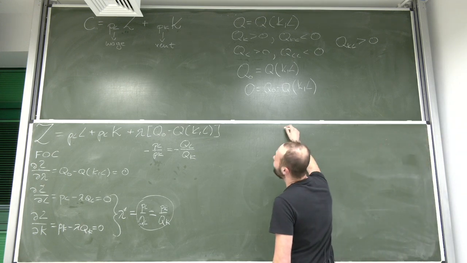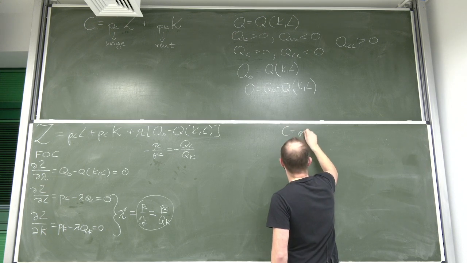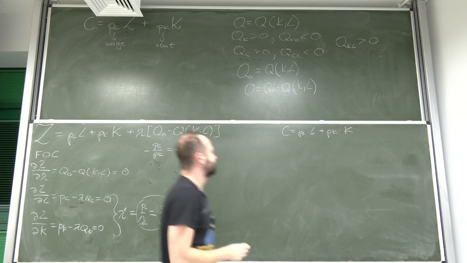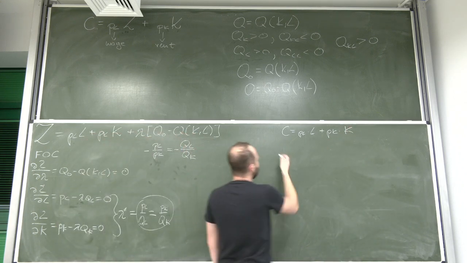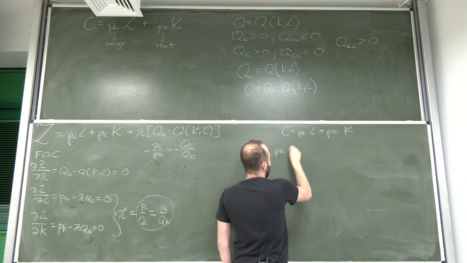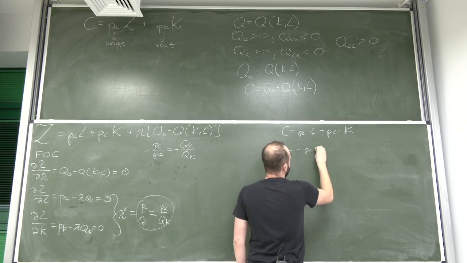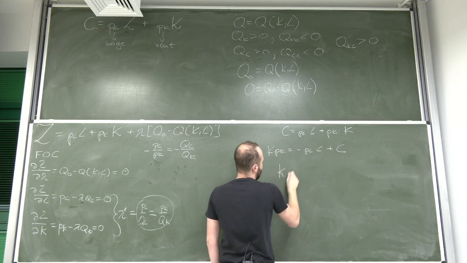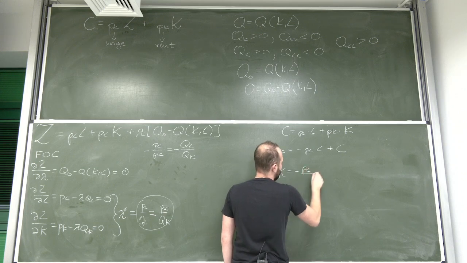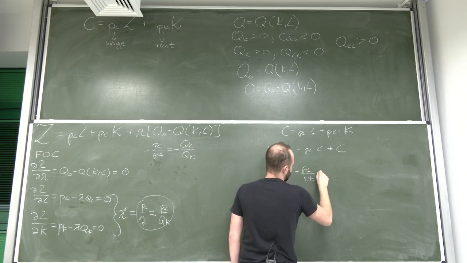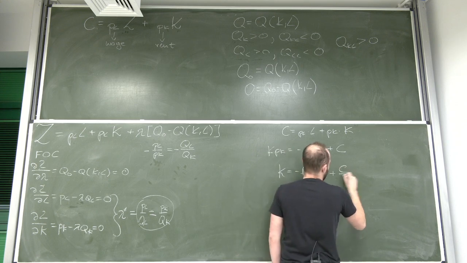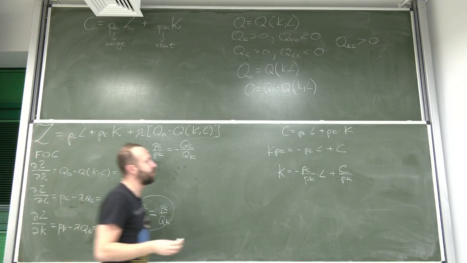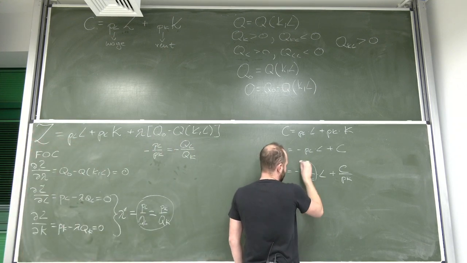So we've got that C equals PL times L plus PK times K. Let me solve this for K, okay? So we get that PK times K is equal to negative PL times L plus C, or K is equal to negative PL over PK times L plus C over PK. Okay, and look, this is a linear equation, right?